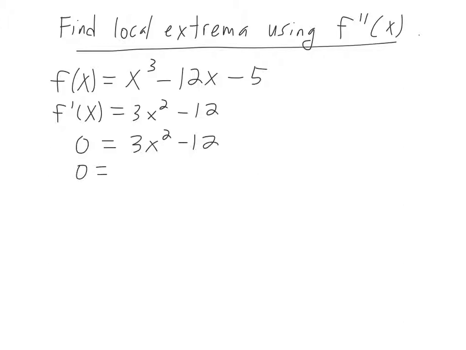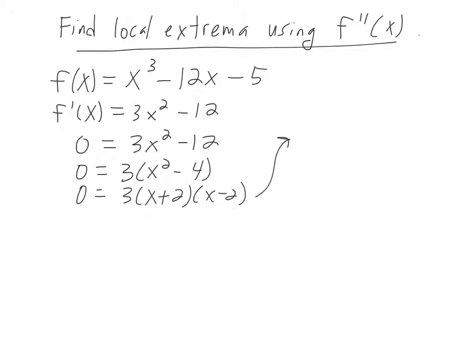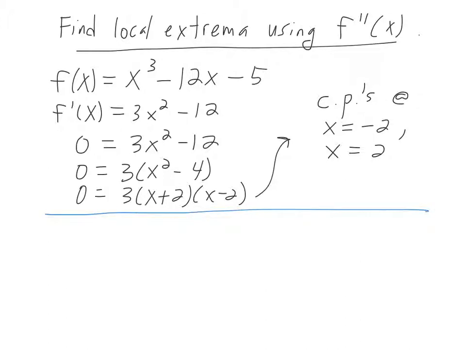Factor out a 3, left with x squared minus 4. We know this is going to produce x plus 2, x minus 2. From there, we know that we're going to have critical points at x equals negative 2 and x equals positive 2.